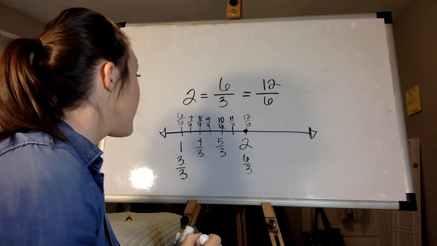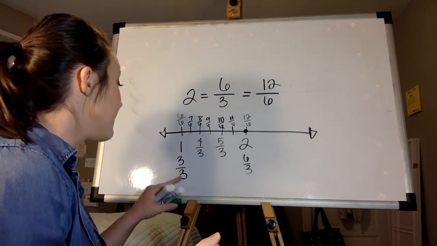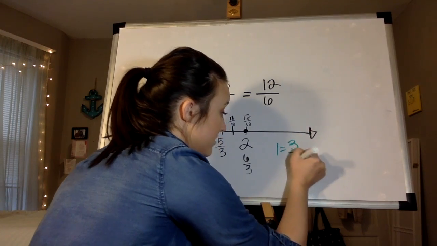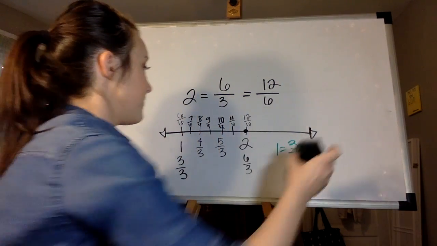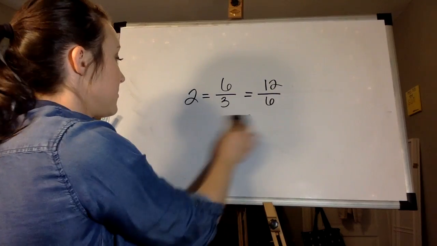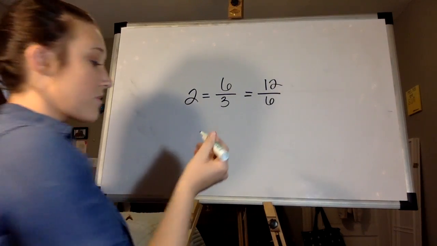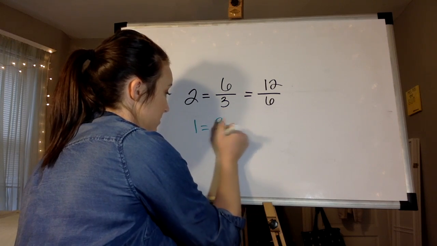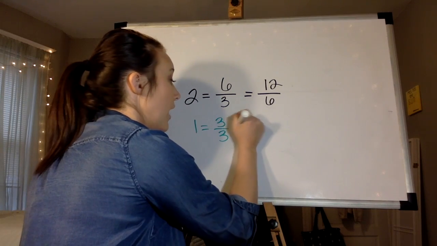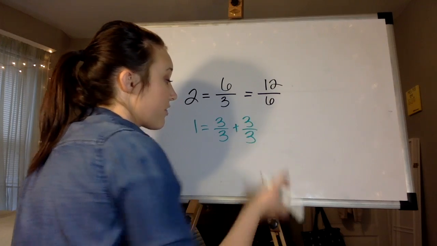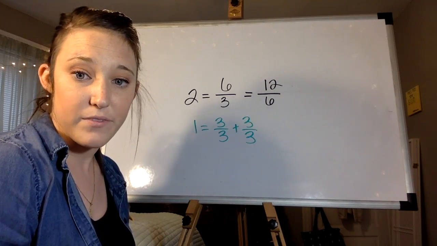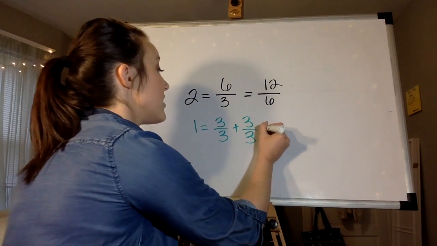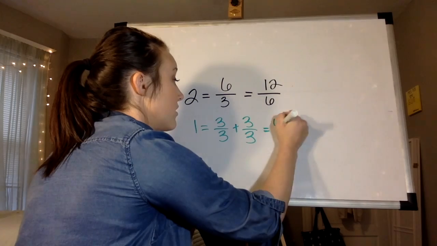Another way you can think is if I know that 1 is equal to 3 thirds. Actually, here, let me erase. So if I know that 1 whole is equal to 3 thirds, and I need to get to 2, I'm just going to add another 3 thirds, okay? Because I need 2 3 thirds, which equals 6 thirds.